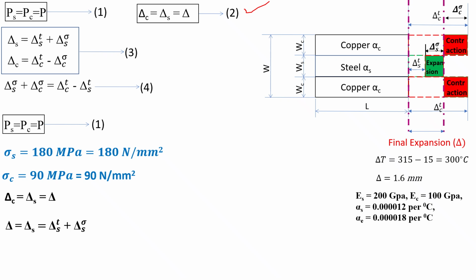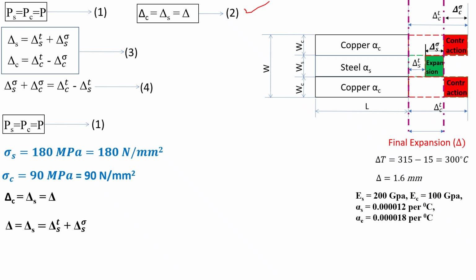Here I am using delta equal to delta s. We know delta s equal to delta st plus delta s sigma, which means thermal expansion in the steel bar plus expansion due to the compressive stresses in the steel bar.